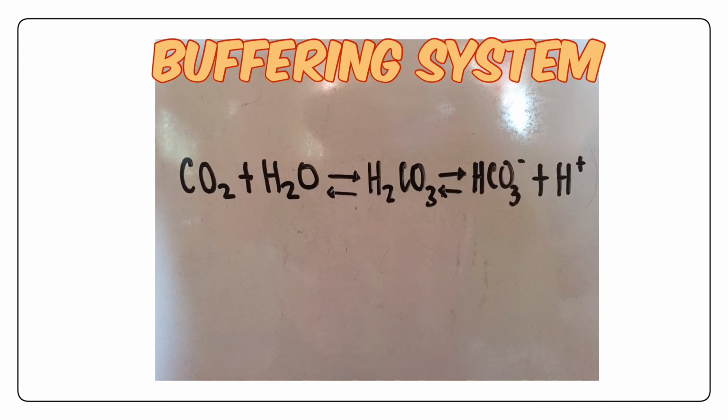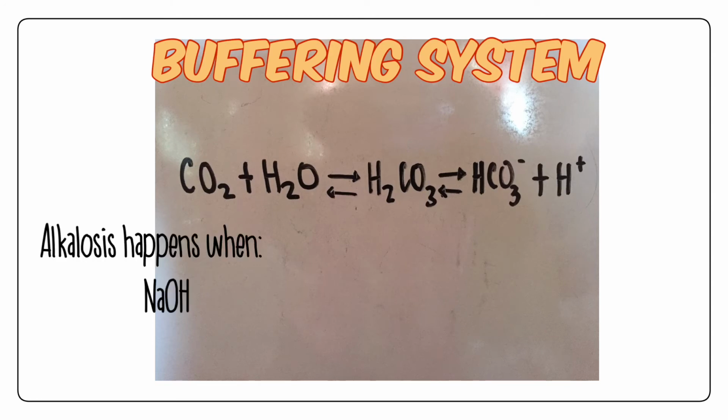How about the other way around, the alkalosis? Now in alkalosis, it happens when we have the base sodium hydroxide and it dissociates into sodium and hydroxyl group. Now the hydrogen ion combines with, or neutralizes, the hydroxyl group and forms water. So since the hydrogen ion is lessened, it means the pH is what? Alkalosis, right?